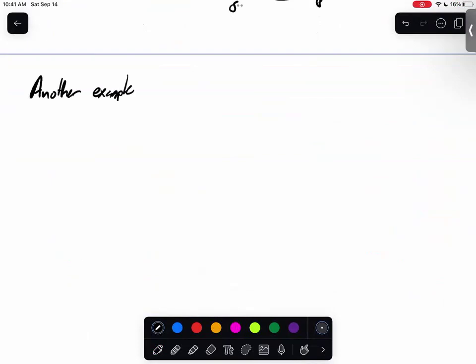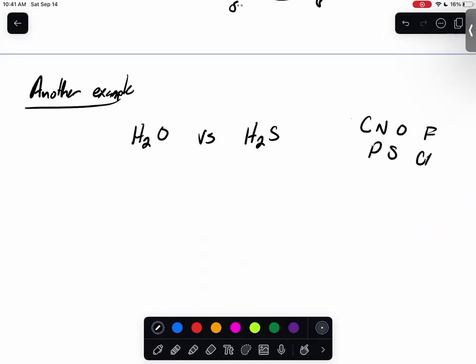So for this one, let's ask ourselves, which is more acidic, H2O or H2S? Once again, if we're looking at that periodic table, close enough, we can see that oxygen is smaller than sulfur.